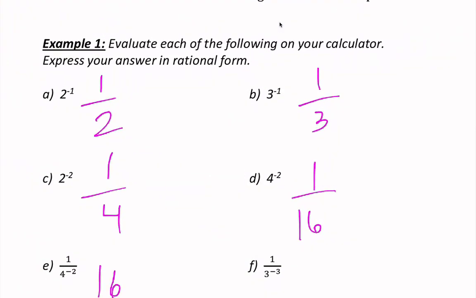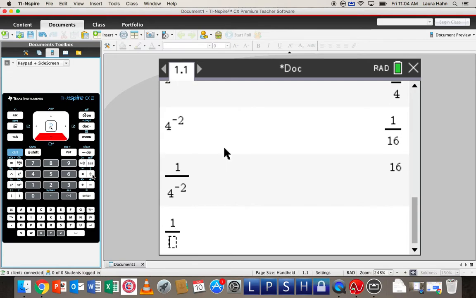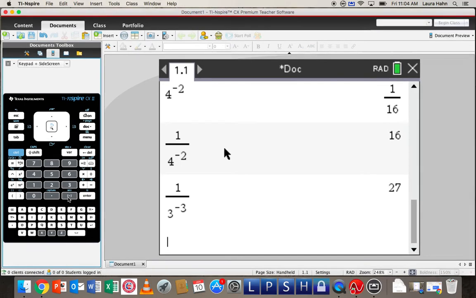And then finally 1 over 3 to the negative third is 27.